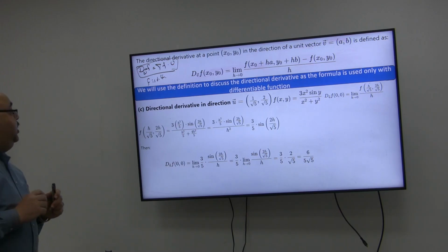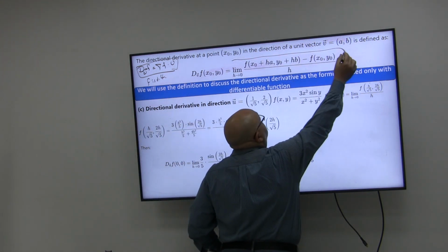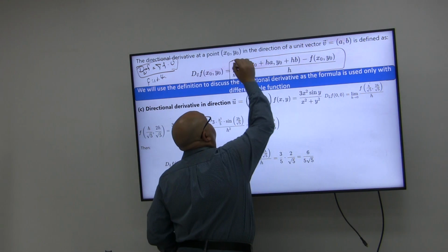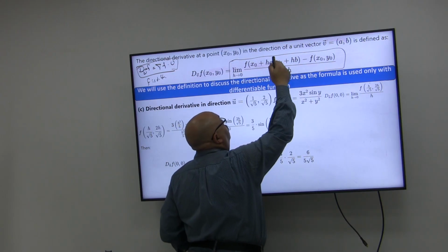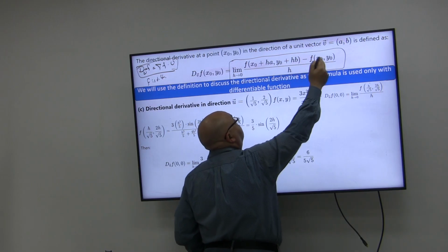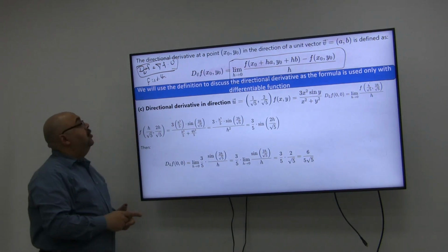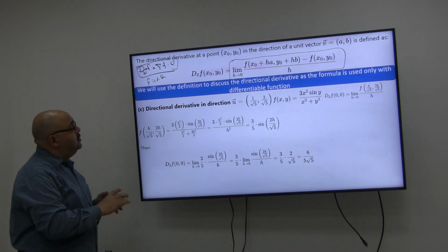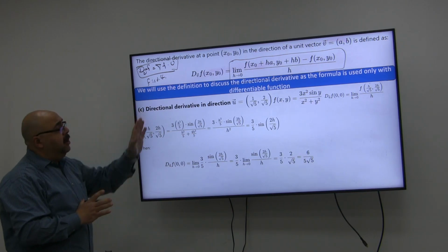That's the law that I'm going to use, which is f of x naught plus h times a, y naught plus h times b, minus the value of the function, divided by h, limit as h tends to 0. And I will start substituting in the given kernel of my function by this relation.